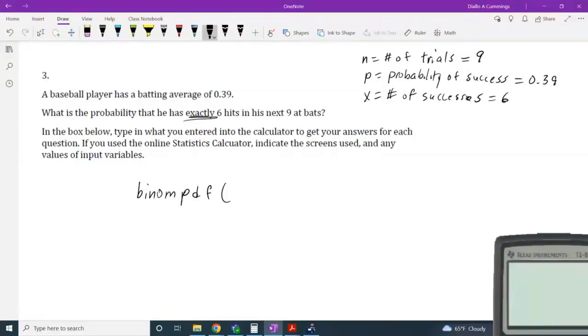The first parameter we have to put in is n. So that's 9. The next parameter is p, which is the probability of success, which is 0.39. And next we put in the number of successes, which is 6, right?